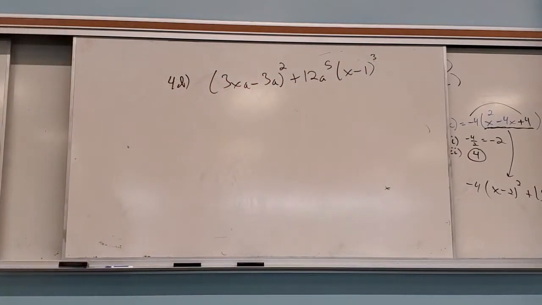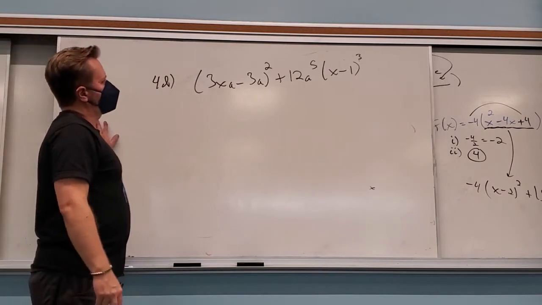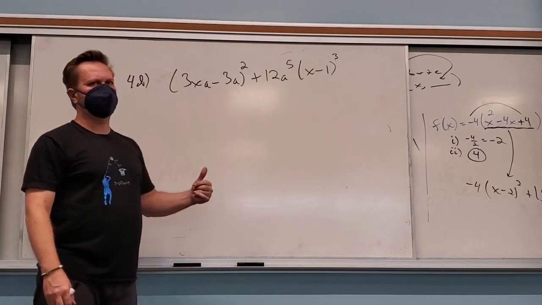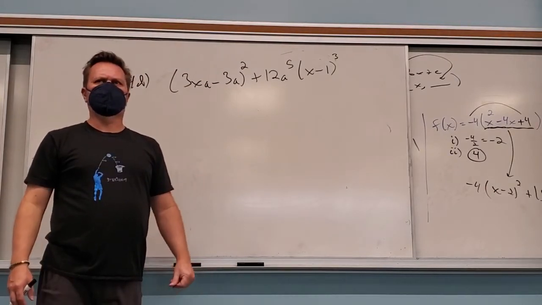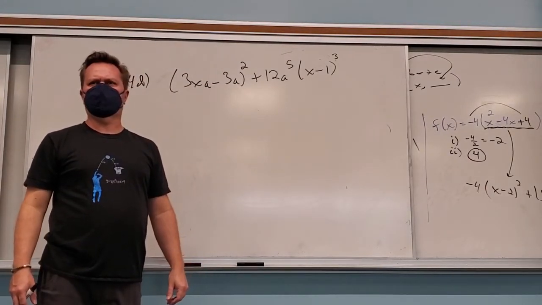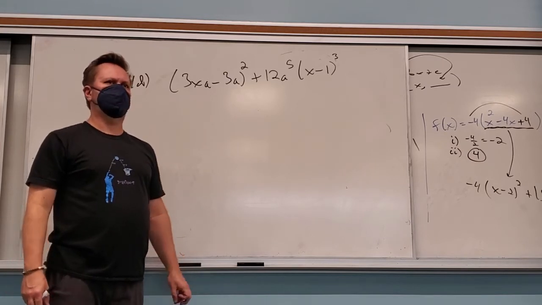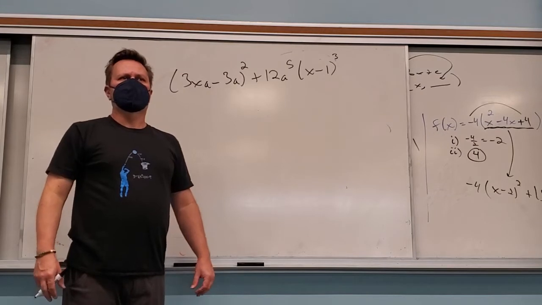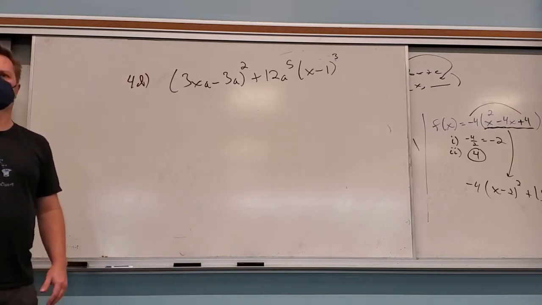So there's a specific point I'm trying to make with this problem. Do you guys see anything? How many terms are up here? 2, good. Do you see anything the two terms have in common? Nope, I don't either.